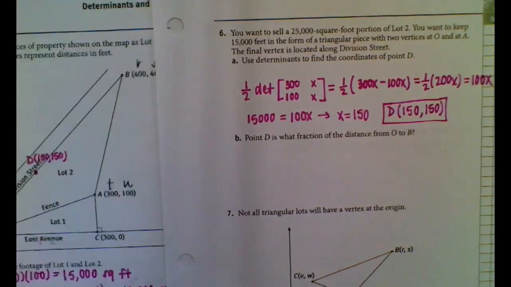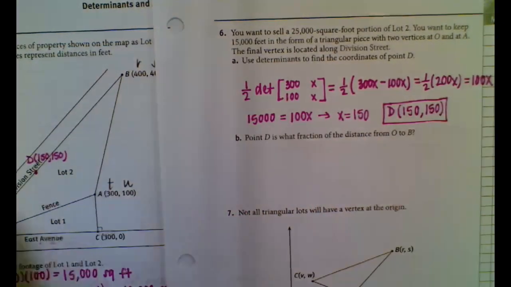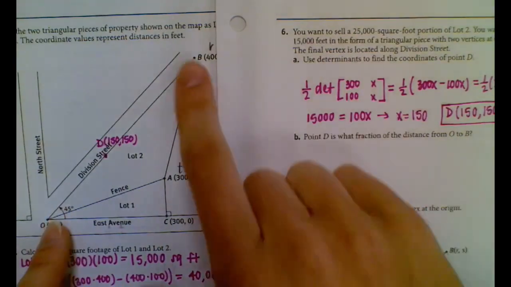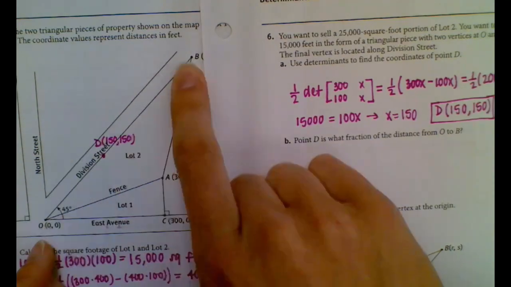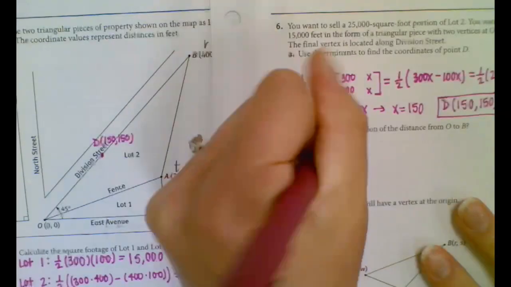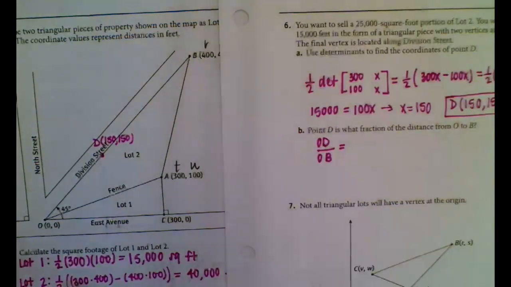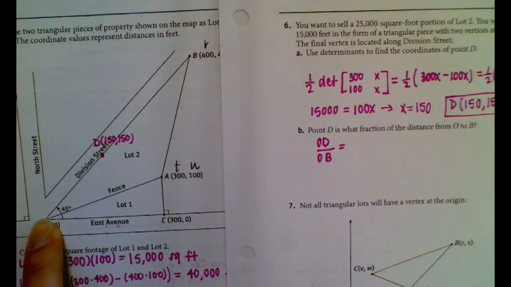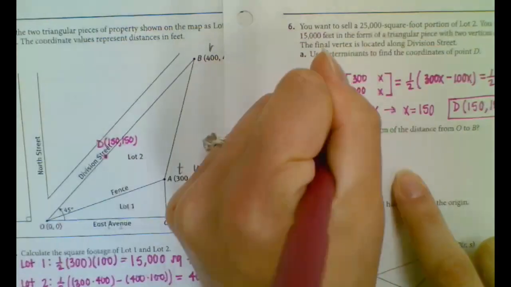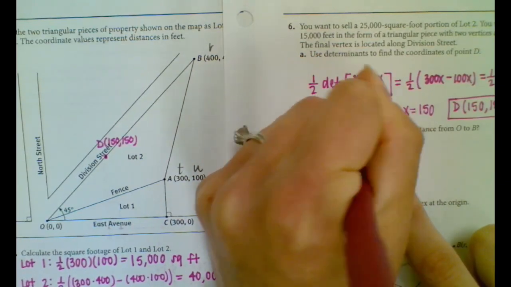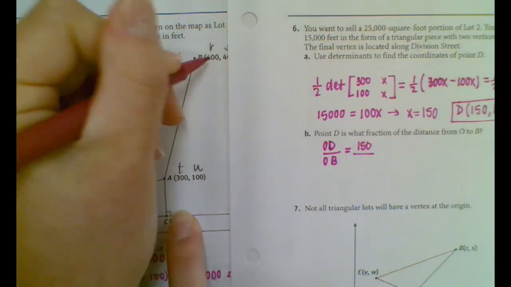All right. Now, point D is what fraction of the distance from O to B? So I'm going to do OD divided by OB. That's what my little fraction is going to look like. So OD divided by OB equals, I know that the distance of D is 150 over from point O to B, that distance is 400.